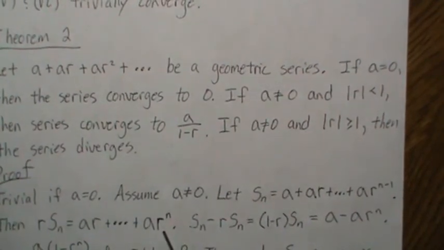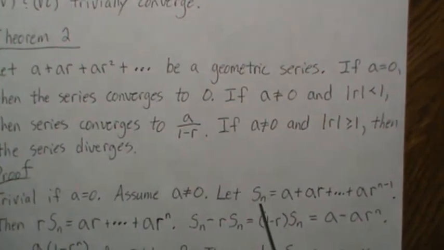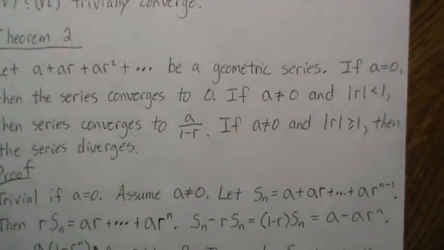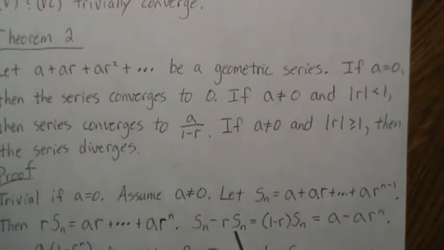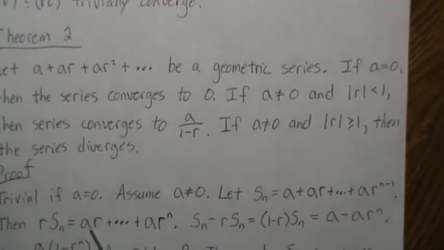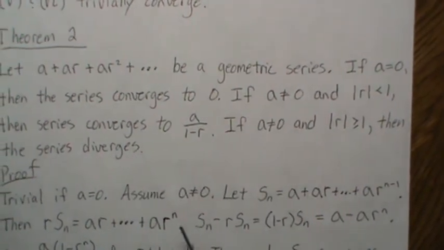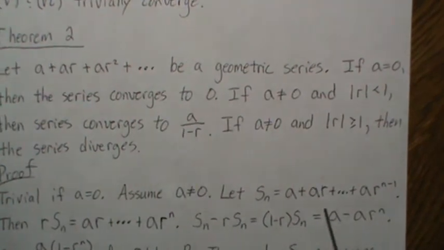Now if we subtract the two, Sn minus R Sn, we get this, and then you can factor out an Sn. Okay, but if we were to just look at the terms and take this minus that, we end up with this.